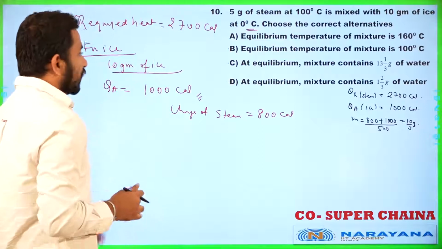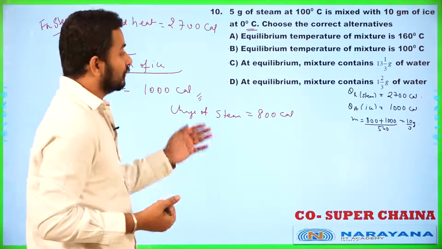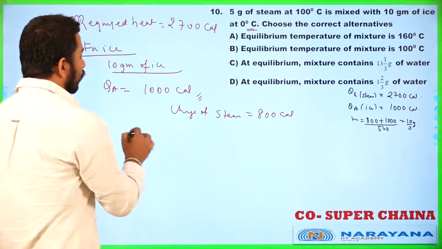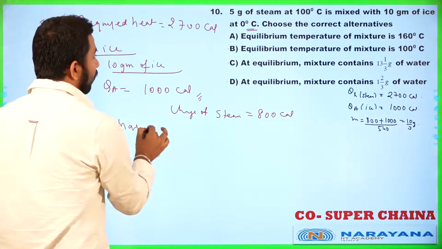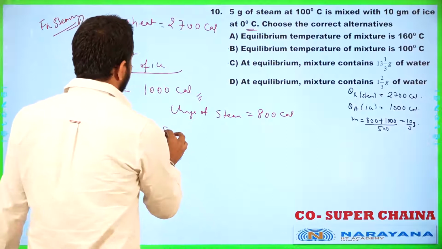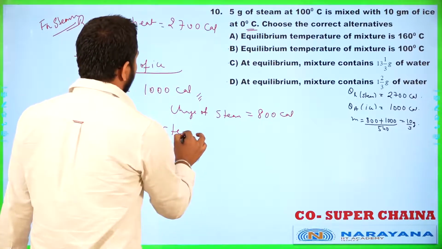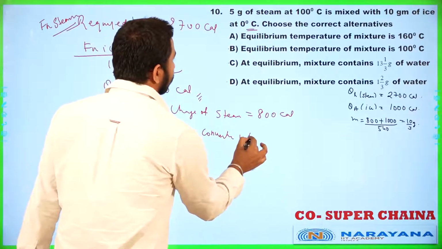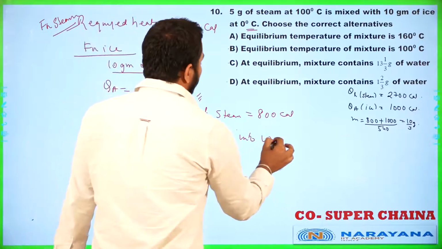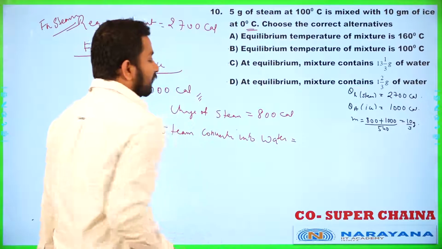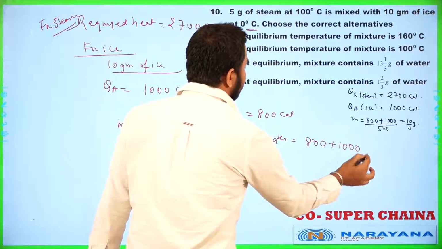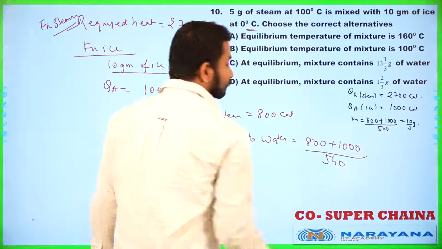So if you have to calculate how much of this steam is converted here, the mass of steam converting into water, what we can write here, this will be equal to (800 plus 1000) by 540, right?